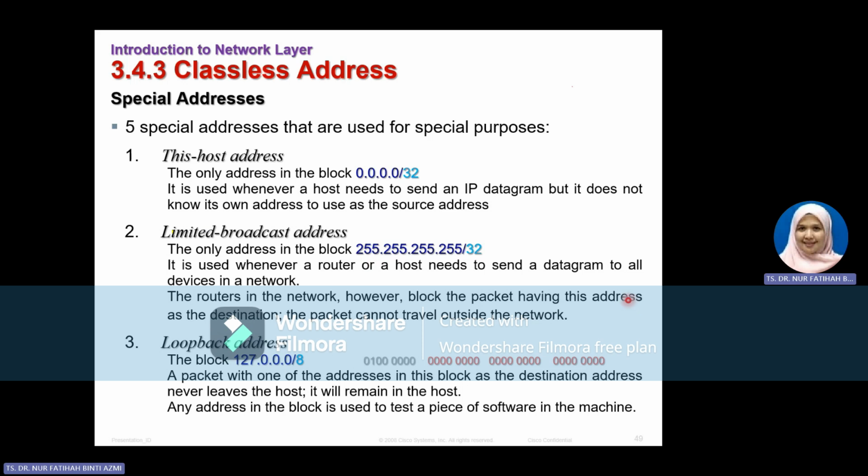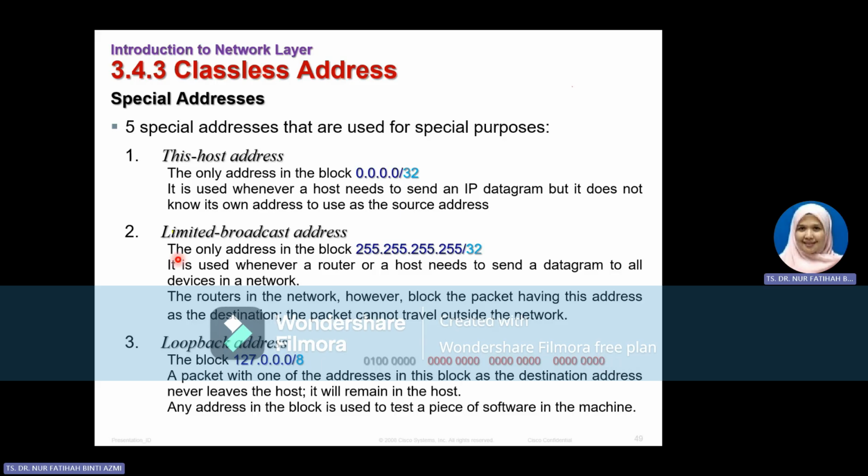So it uses the address as a destination. How about the routers? Routers, however, are designed not to forward packets with this address. It's like shouting within your own room.